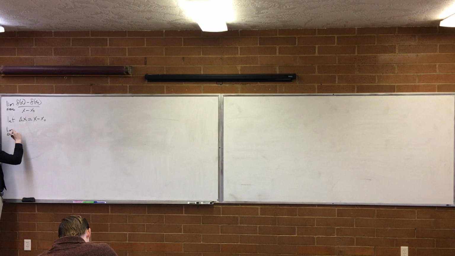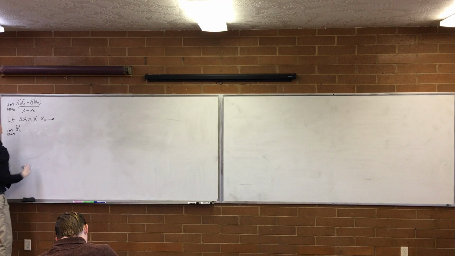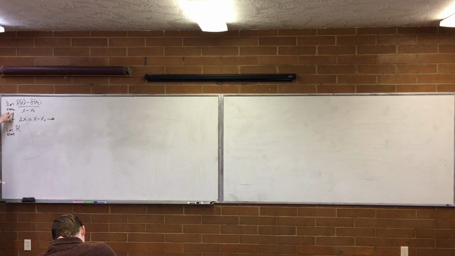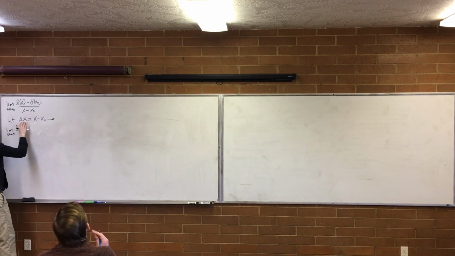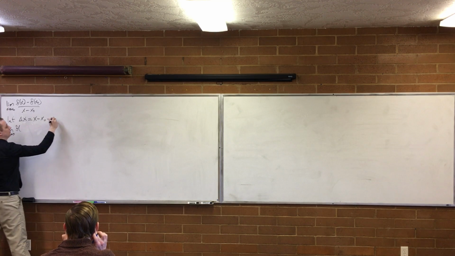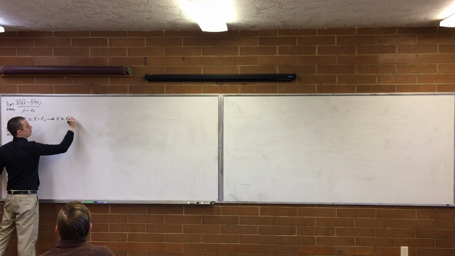Now remember, if delta x equals x minus x naught, then x equals what? It equals x naught plus delta x.